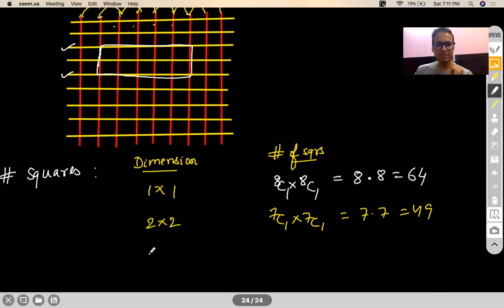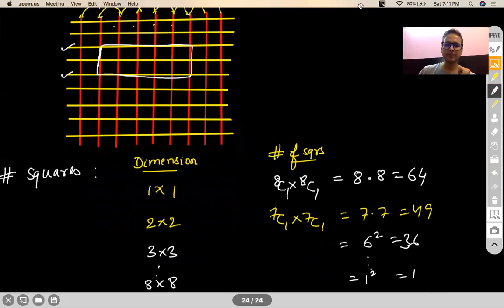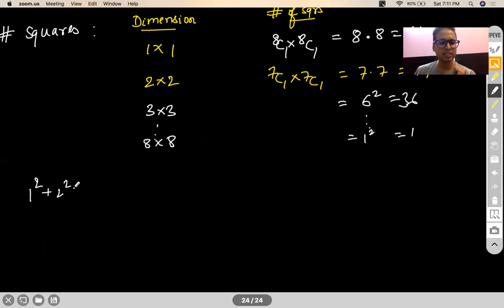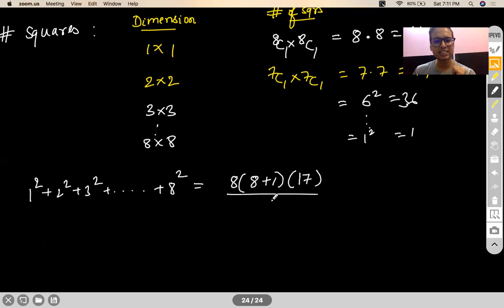Correct. Similarly, 3 by 3, it is 6 square, 36. And if you keep on doing this, 8 by 8 dimension will be 1 square, which is 1. So your answer would be total number of squares will be 1 square, 2 square, 3 square till 8 square. This is nothing but n into n plus 1 into 2n plus 1 by 6.